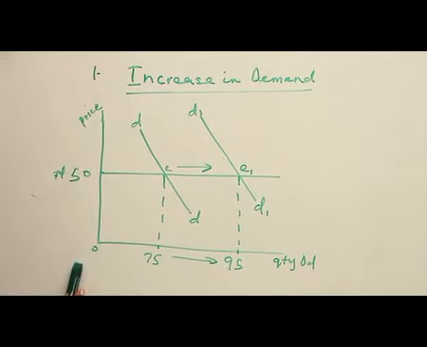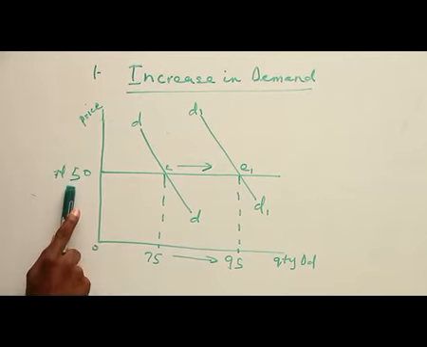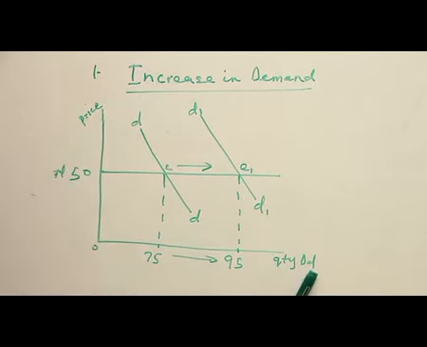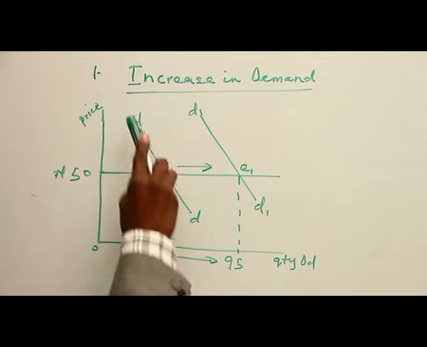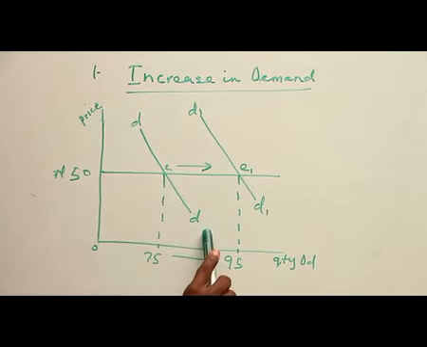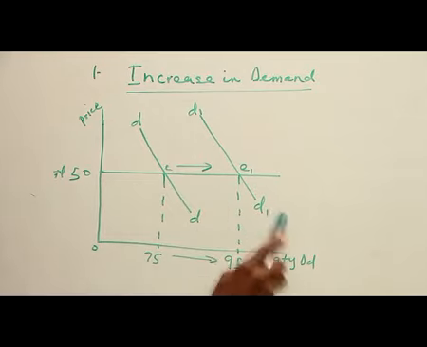From the diagram before us, the price axis shows 15 naira. The quantity axis shows 55 quantity, later 95 quantity. And we have our demand curve to be downward sloping DD, and downward sloping D1, D1.